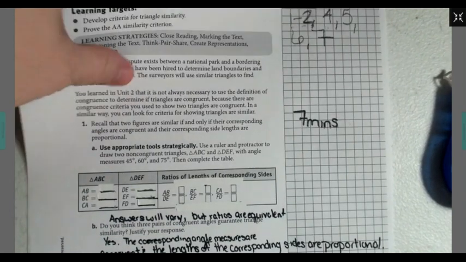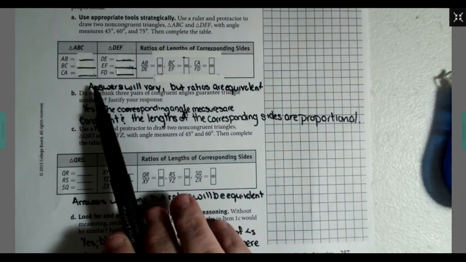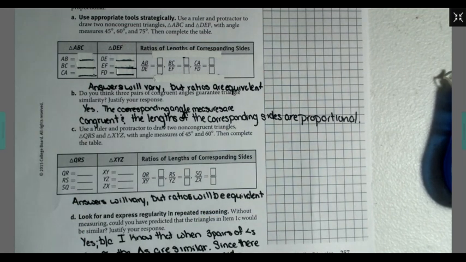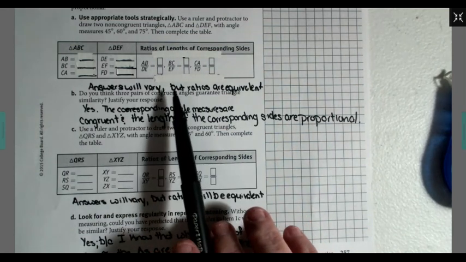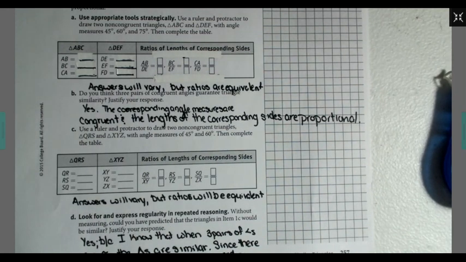All right, so the answers have partially been provided. I did not put the lengths for my AB, BC, AC, or DE, EF, FD. But what we should have come to realize is that when we set these up by corresponding sides over corresponding sides, the ratios should have been equivalent. So they should have all reduced down to about the same number.